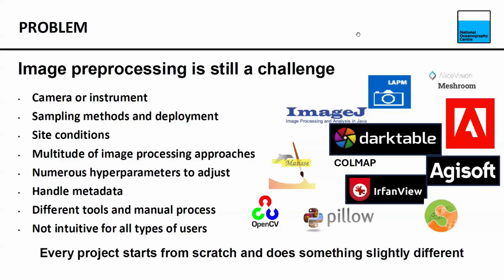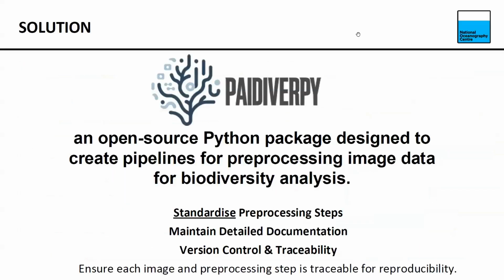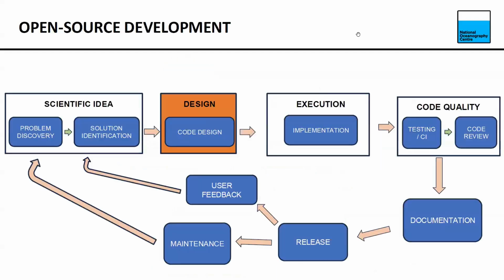Those preprocessing steps are not intuitive for all types of users. Some users know how to code, while others don't and prefer to use a graphical user interface. In the end, every project starts from scratch and is slightly different. That's why we bring PAIDIVERPY, to make the pipeline easier and ensure that each image and preprocessing step is possible for reproducibility.